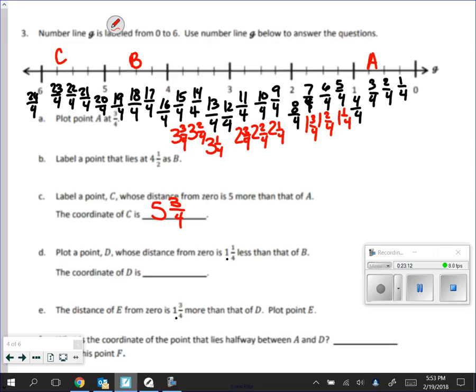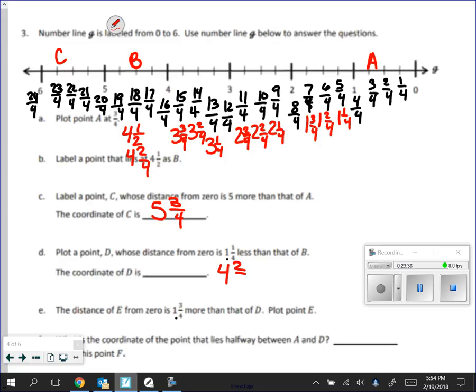Plot a point D whose distance from 0 is 1 1/4 less than that of B. Well, B, when we said that that was 4.5 or 4 2/4, 1 1/4 less.